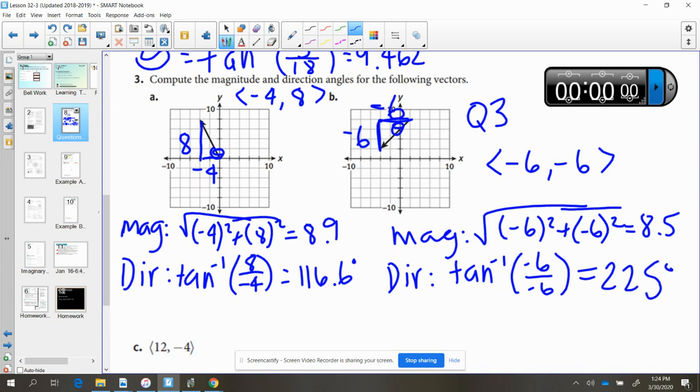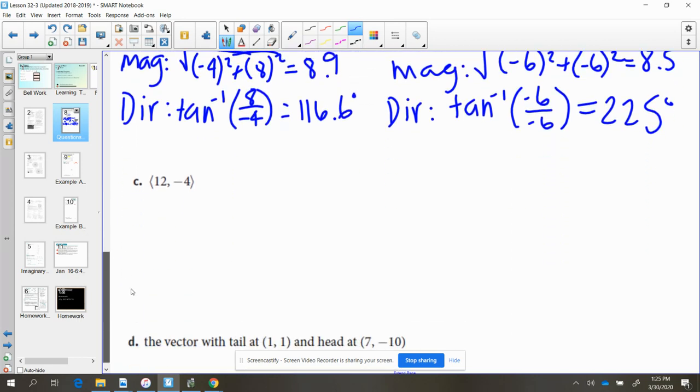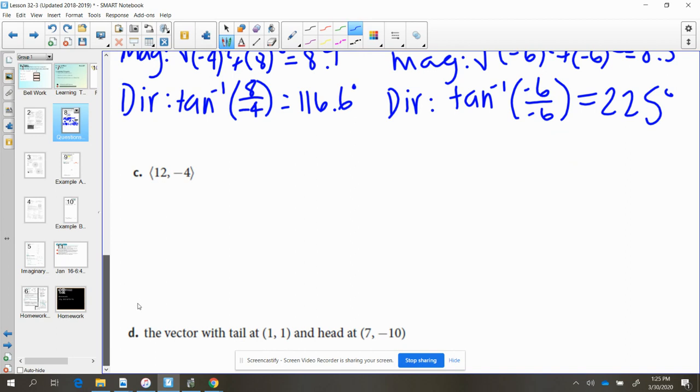Okay, so just some things to be careful of there. Now, on your own here, take a moment to draw and find the magnitude and direction of C and D. A couple things. Again, take a moment to draw this. You're going to the right 12, down 4. So think about what quadrant am I in?